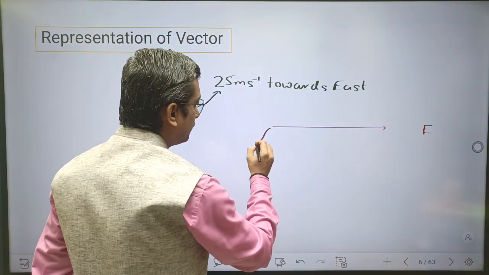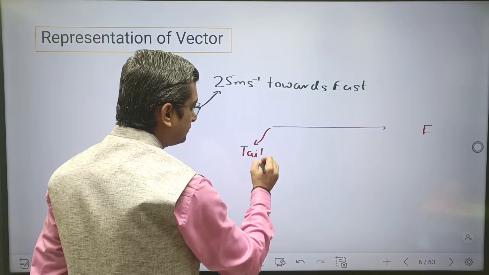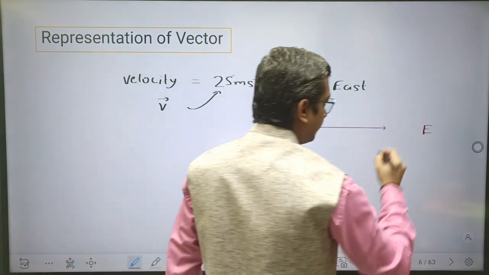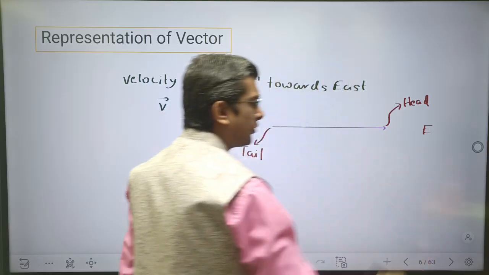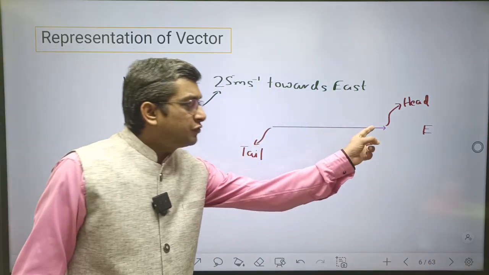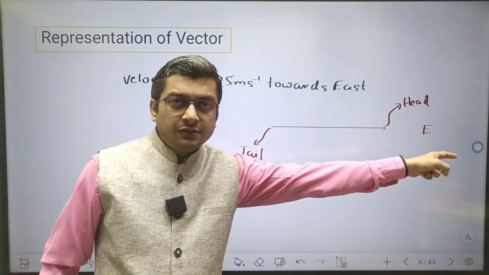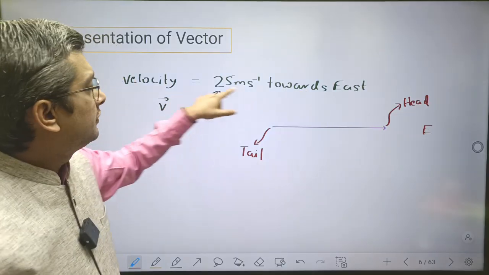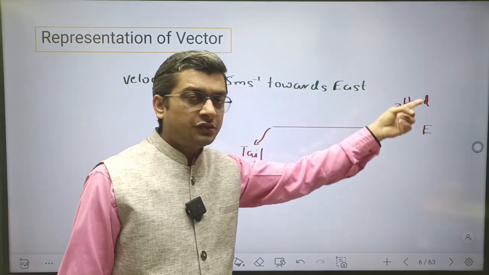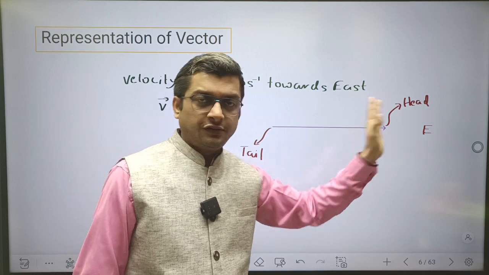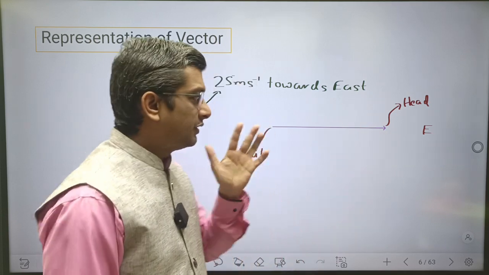Now this is known as the tail, that is the starting point of the vector. This is known as the head, that is the terminal point, isn't it? The arrow should point towards the direction along which the vector is. So here the vector 25 meter per second is towards east. So put the arrow towards east. The first step is completed.